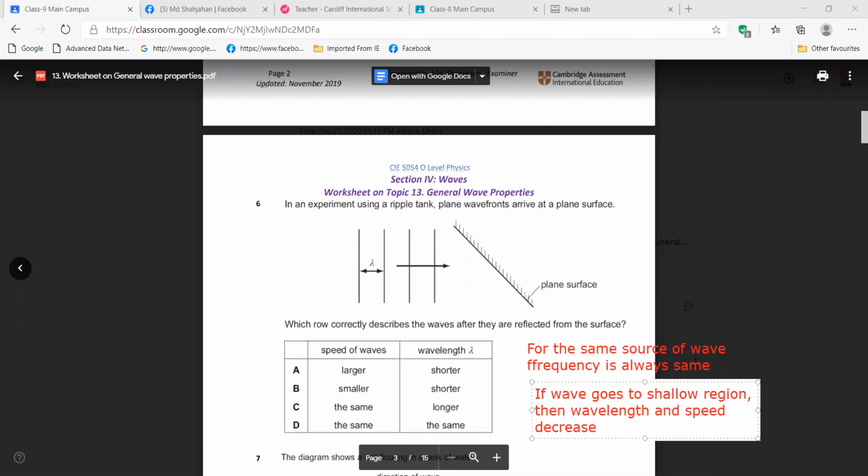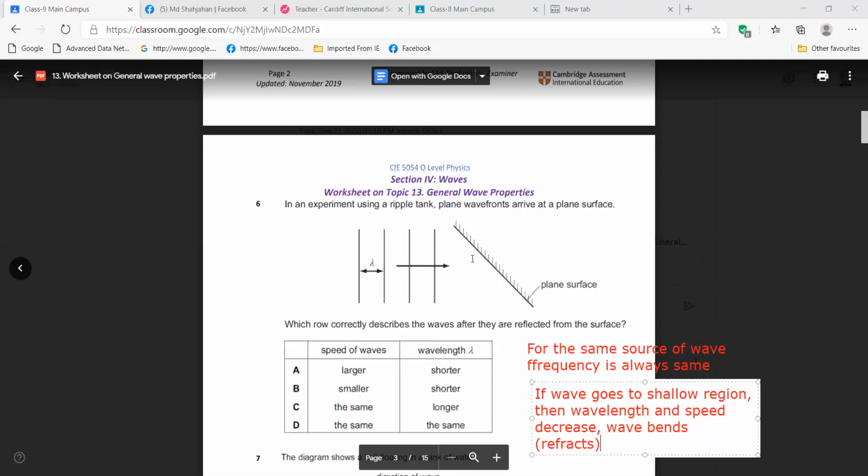If wave goes to shallow region, then wavelength and speed decrease, wave bends. If wave bends, we say it refracts. That's why we get refraction.